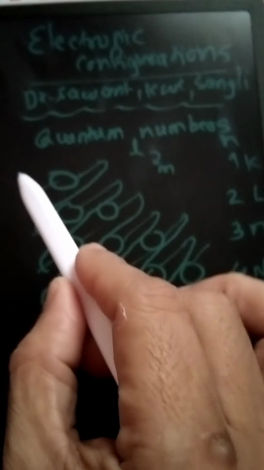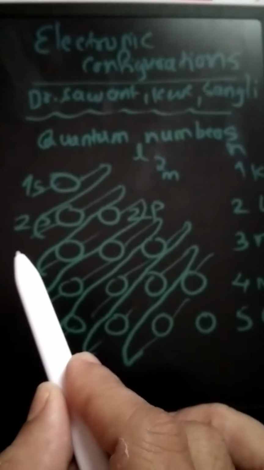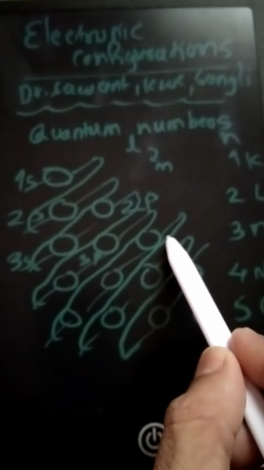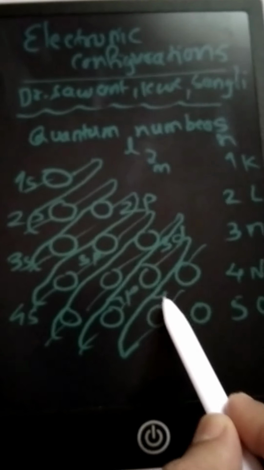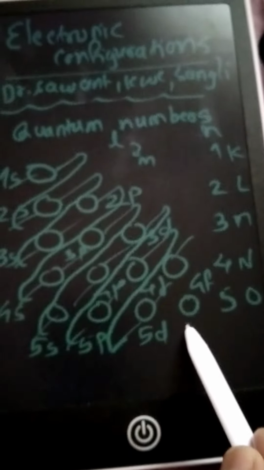The orbitals can be represented as 1s, 2s, 2p for the circles, 3s, 3p, 3d, 4s, 4p, 4d, 4f, and in the fifth energy level 5s, 5p, 5d, 5f.